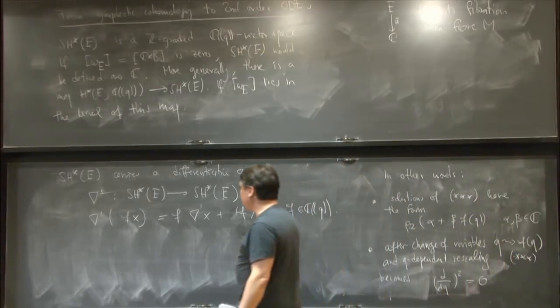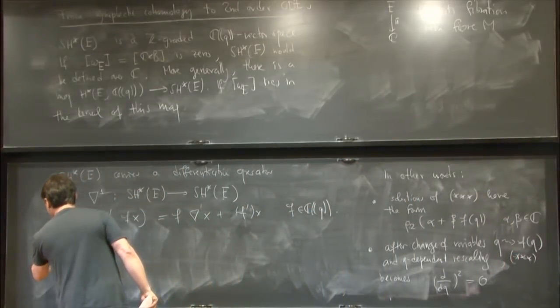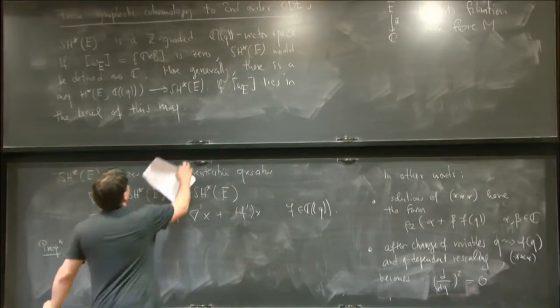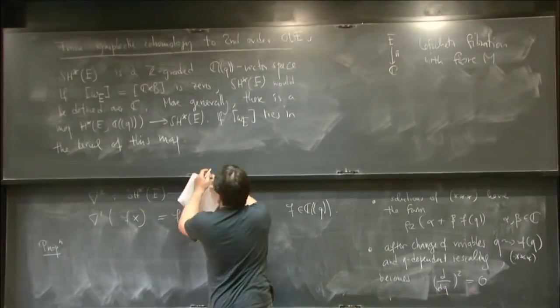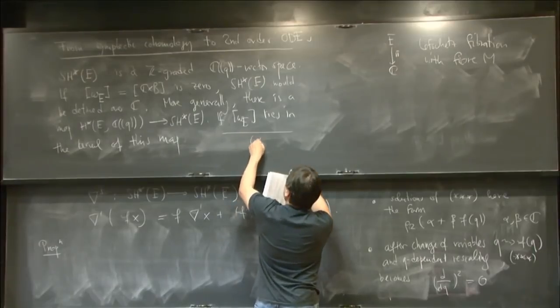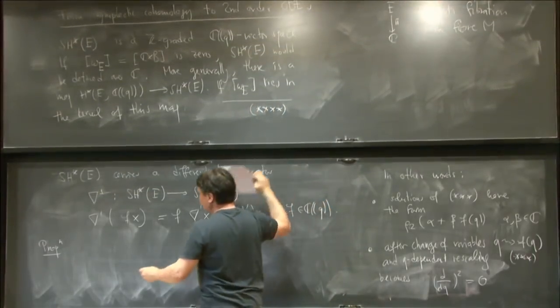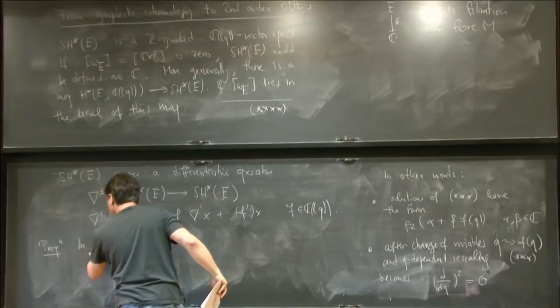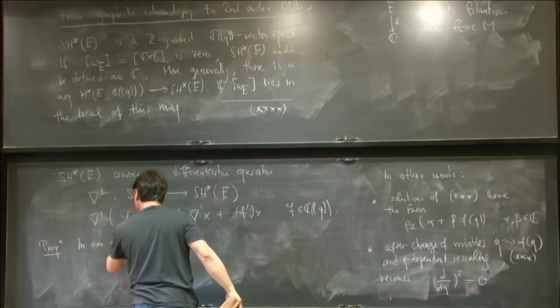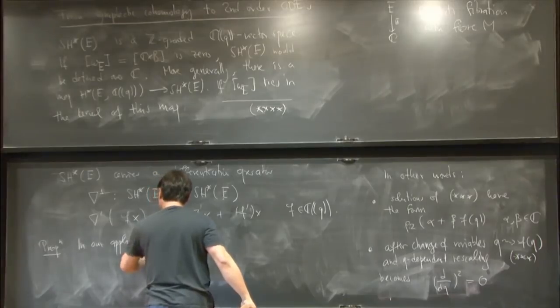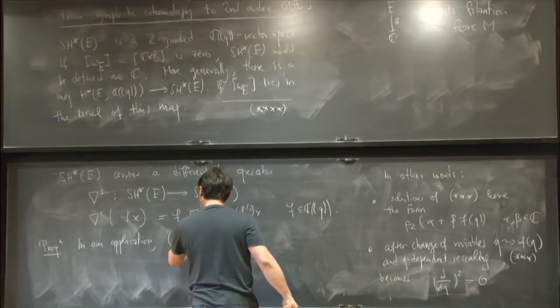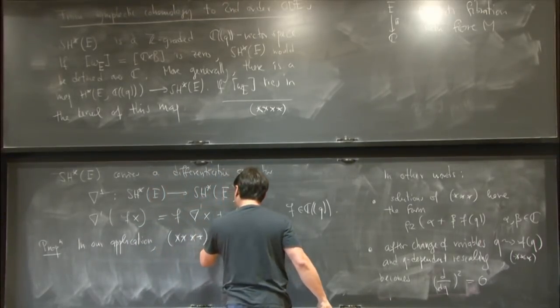And so then the proposition says, okay, so let me call this condition here this one here. So in our application that we have in mind, okay, this one here always holds.